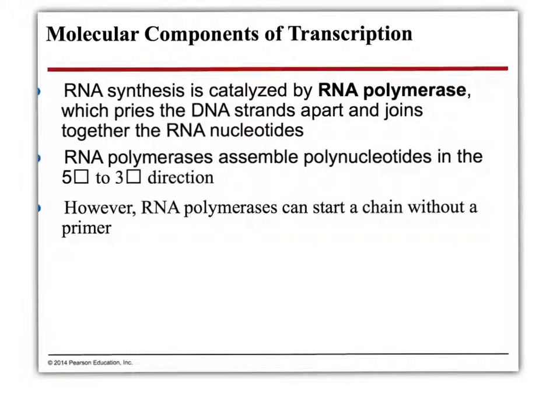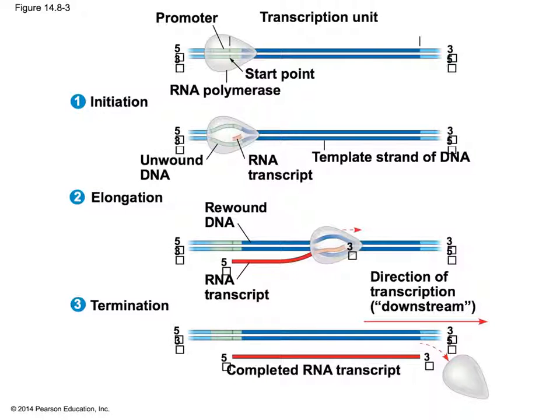Okay? So we're always going to add it. But unique about RNA polymerases, they don't require a primer. Okay? It's not like DNA polymerase where they have to have a 3' end. They can incorporate the RNA nucleotides on their own. So no primer required. 5' to 3' direction, incorporating on its own. Okay? But where does it start from? How does a cell direct where an RNA polymerase is going to go?